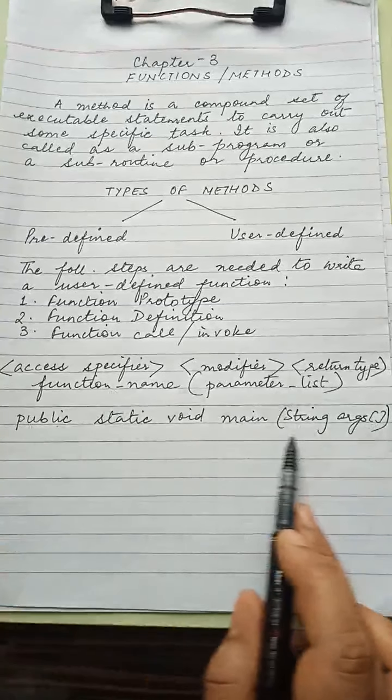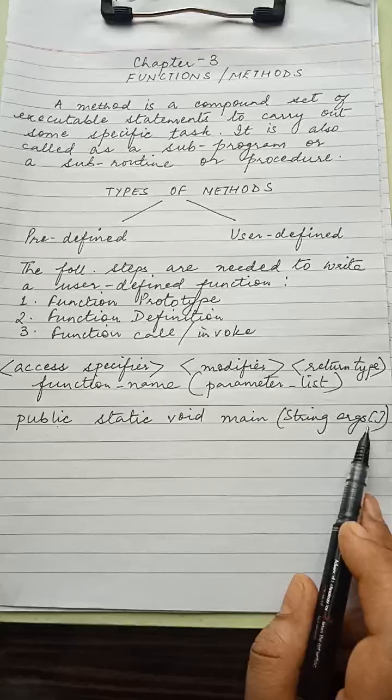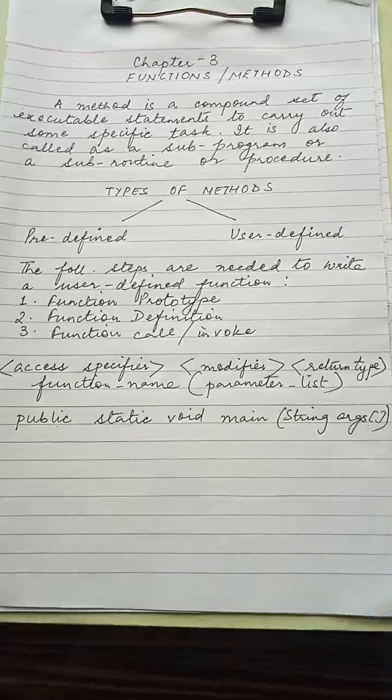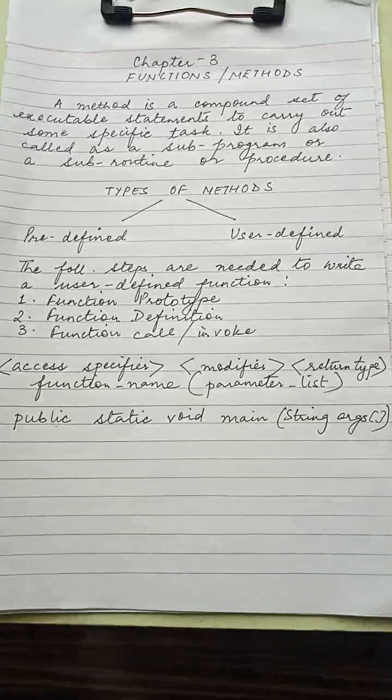This is a system defined function which we have in every program. Without main, a Java program cannot execute. So main is the function where a Java program starts execution and ends execution. Without main, a program will not execute, isn't it? Till now we have learned this.